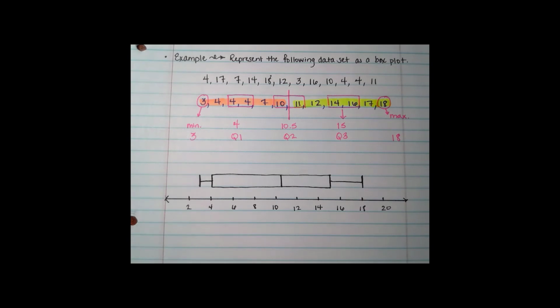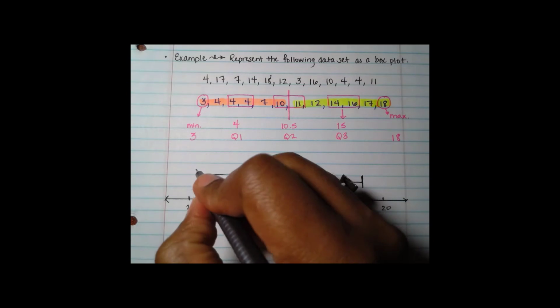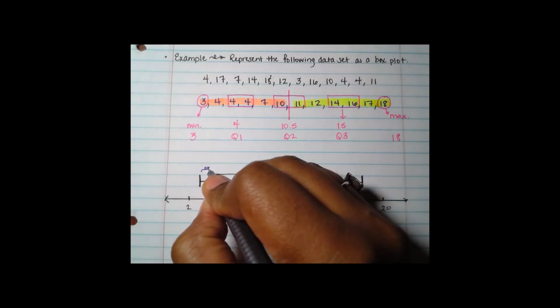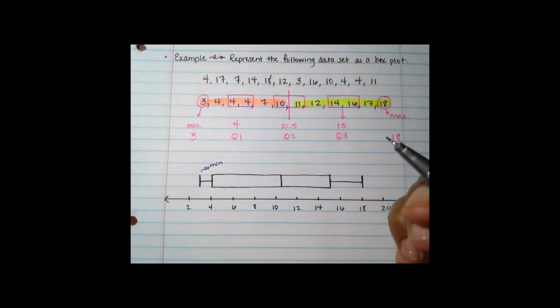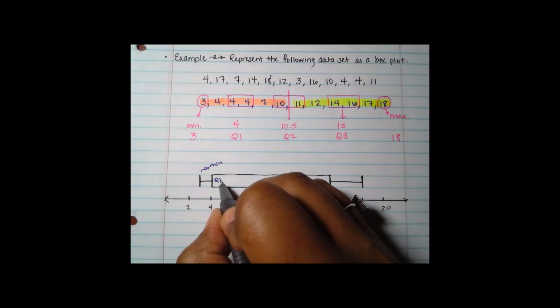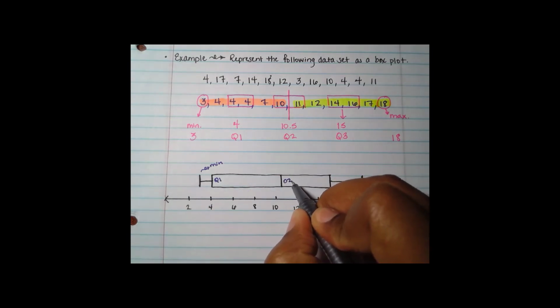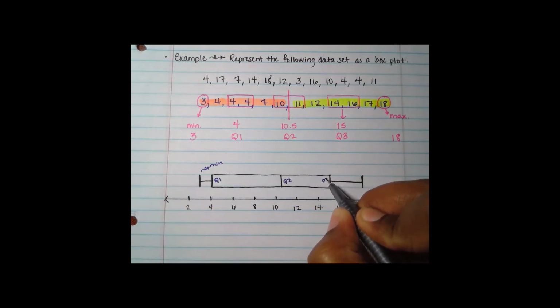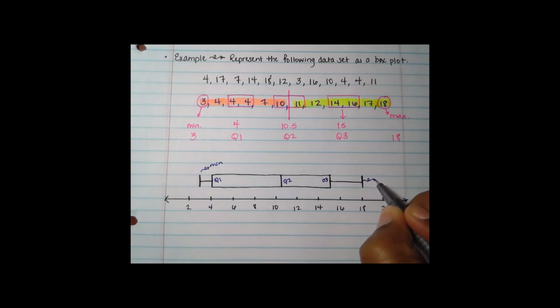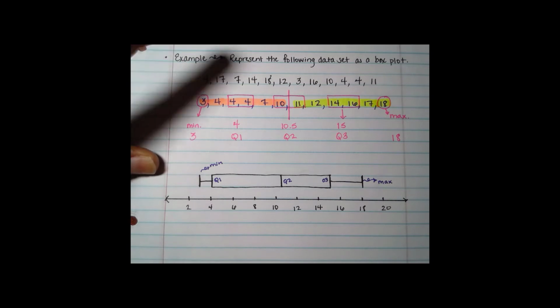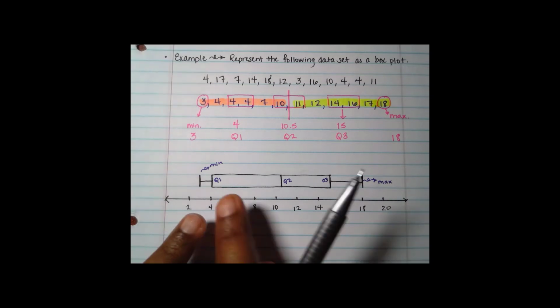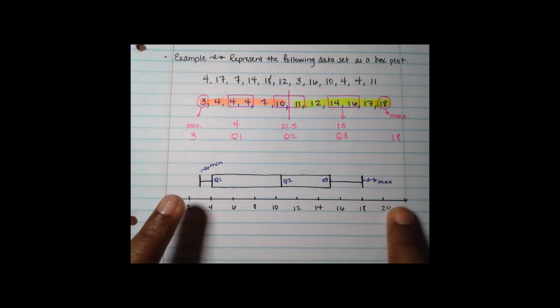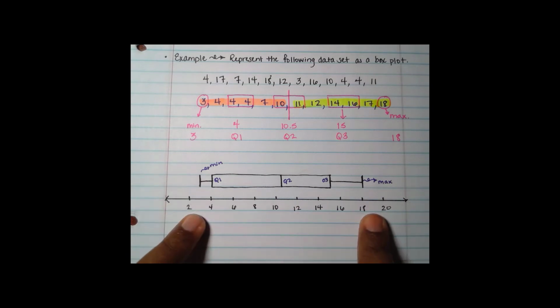So when you look at a box plot, remember that this line is always the minimum. This is always Q1, Q2, and Q3. And this one's the max. So even though we don't have the original numbers anymore, we still have a lot of information from the box plot.